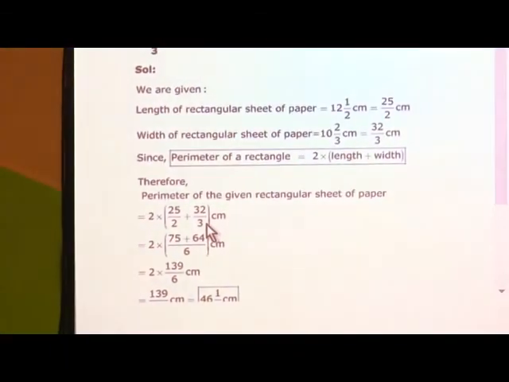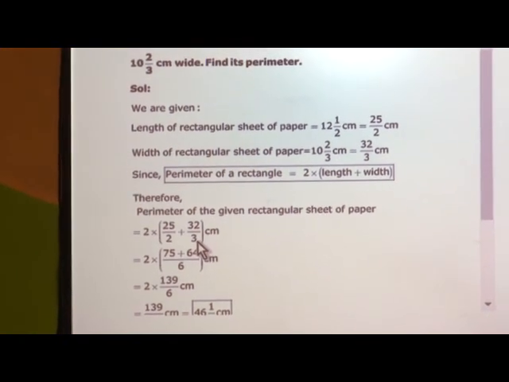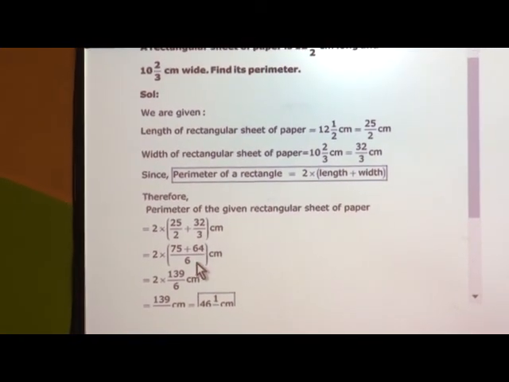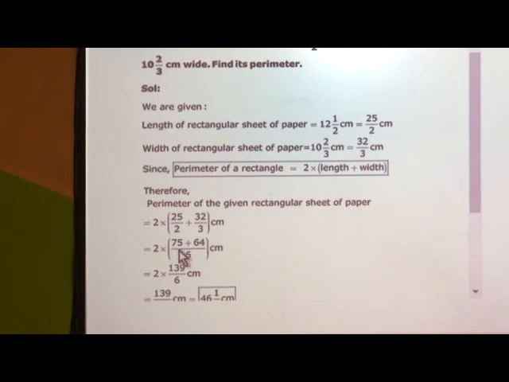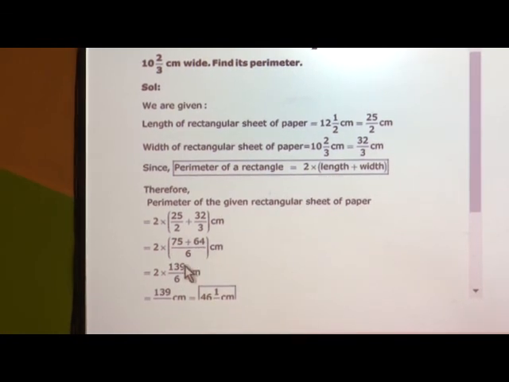First we have to convert this fraction into a like fraction and this fraction also into a like fraction, that is, convert the denominator to make it 6. We did this and we get 75 plus 64 upon 6.